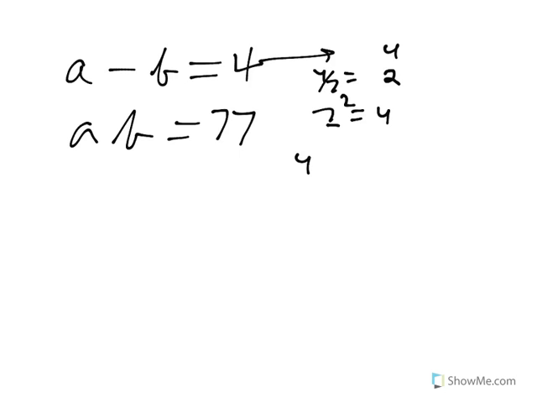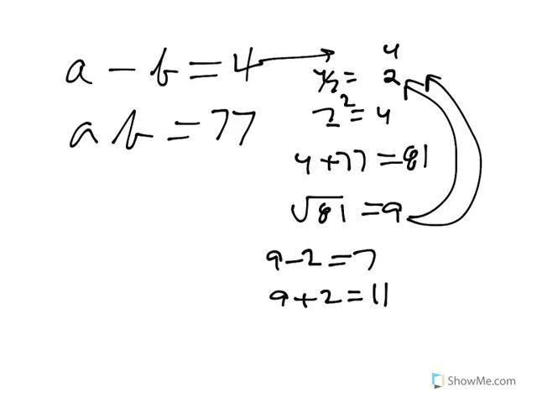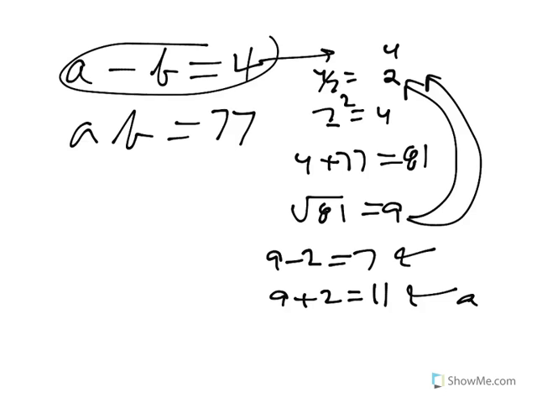Now we're going to do 4 plus 77, which gives me 81. The square root of 81 is 9. And again, 9 minus 2 and 9 plus 2 are the values. A is the bigger one, so a minus b is 4, so a has to be bigger.